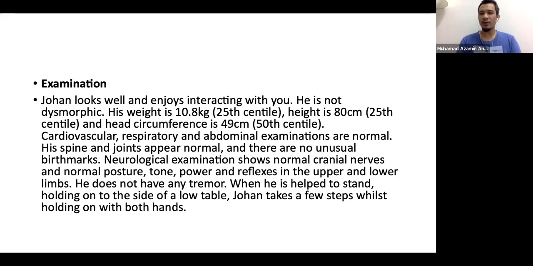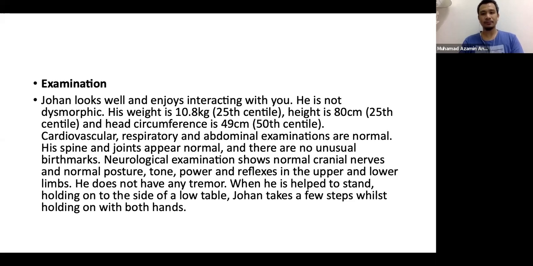If it were cerebral palsy, you expect hypertonia, hyperreflexia, and reduced power, plus a bit of posturing, mainly scissoring. Tremor can also occur in CP. But this child has a normal neurological examination, only he's not able to stand up properly like an 18-month-old child can.